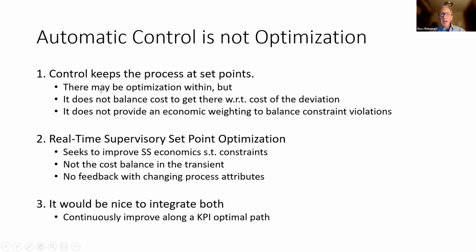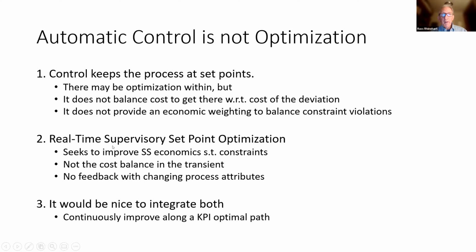There may be optimization within the controller, especially horizon predictive control, but the optimization isn't balancing the costs to get to the set point with respect to the cost of the deviation. It doesn't provide an economic weighting when you have constraint violations. So while we do have optimization, it just tries to optimize the path defined to a set point, but not the cost to get there.